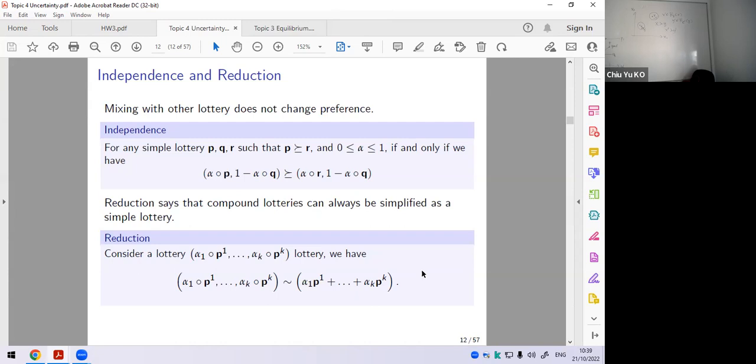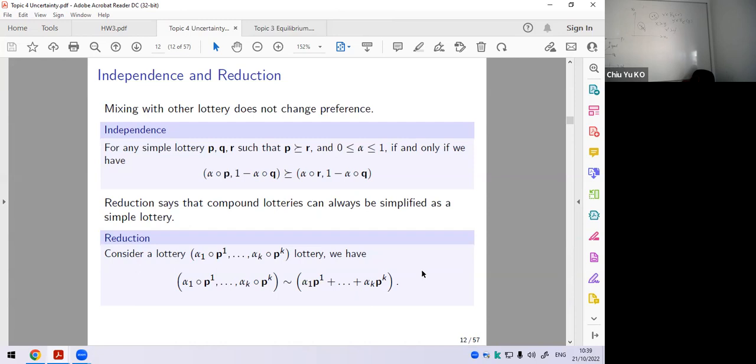Just say you like P over Q, but now instead of asking P over Q, I toss a coin, maybe fair, maybe not. If it's a head, I go as before: I give you P and R, and you choose P over R. If it's a tail, I always give you Q. If you choose P over R, you should still choose it here, because I'm mixing in a certain thing.